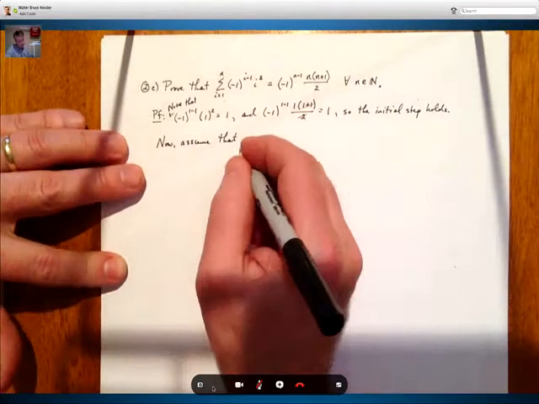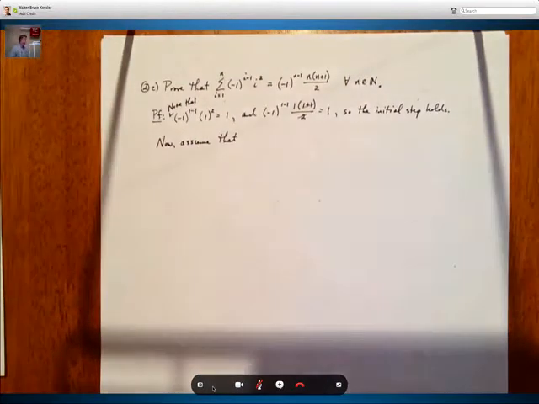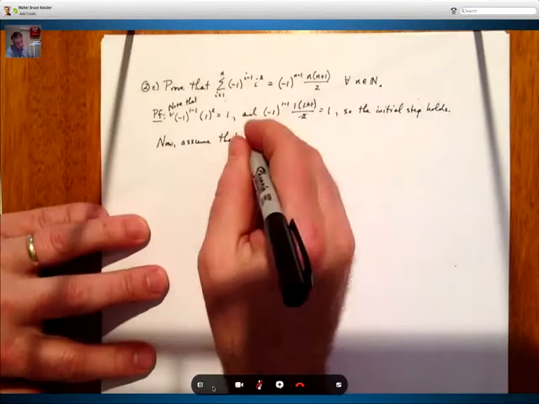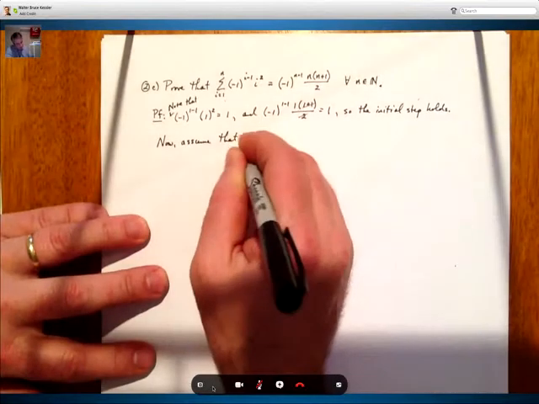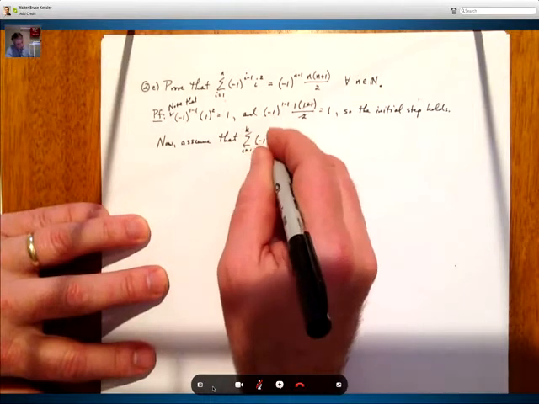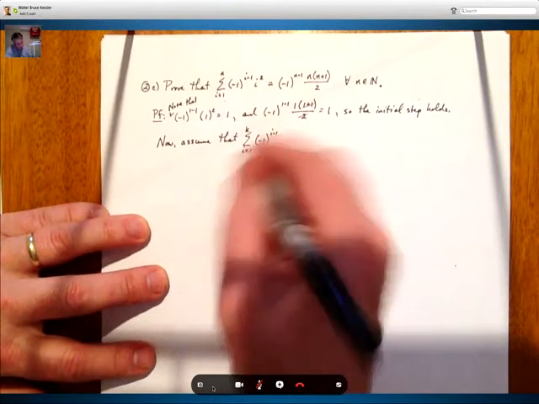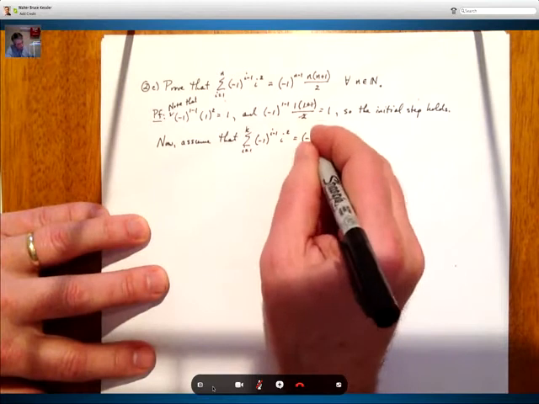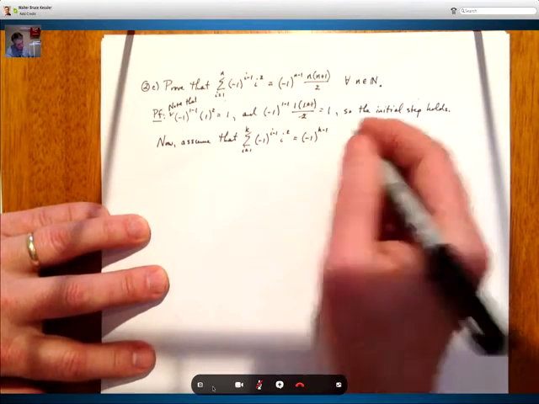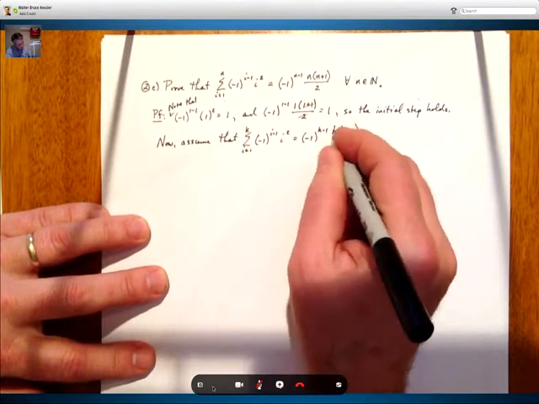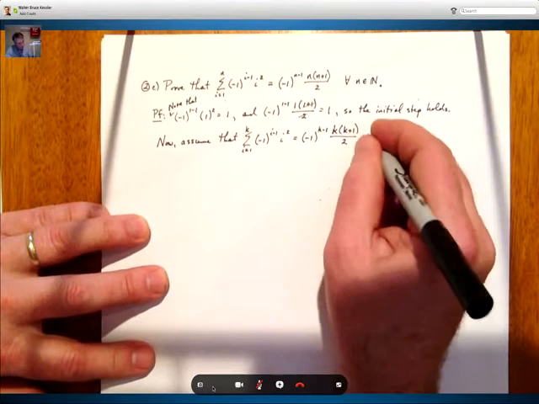Now, we assume that this formula holds for some k. Oh, and the thing I've been leaving out of this, it can't just be any k. It's got to be a k bigger than, so I'll say it this time. It's kind of implied the last time, but let me say it. Assume that this formula holds: the sum from i equals 1 to k of negative 1 to the i minus 1, i squared, will equal negative 1 to the k minus 1, k times k plus 1 over 2.